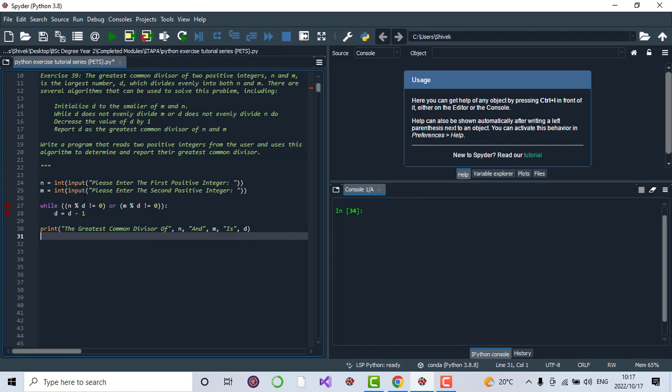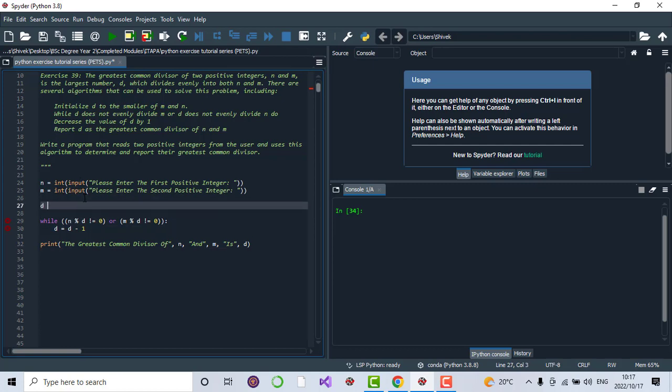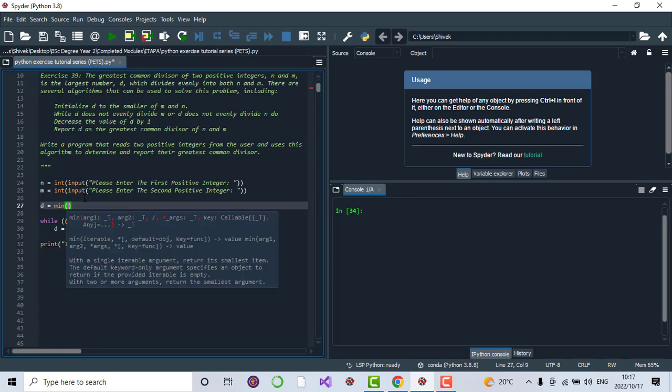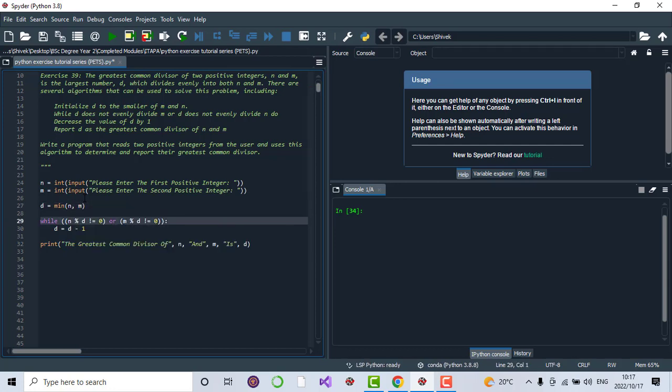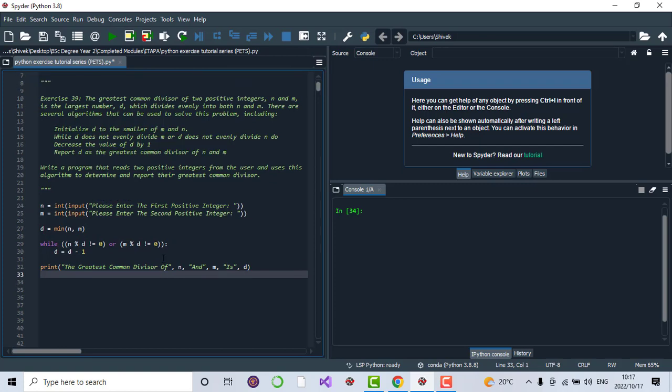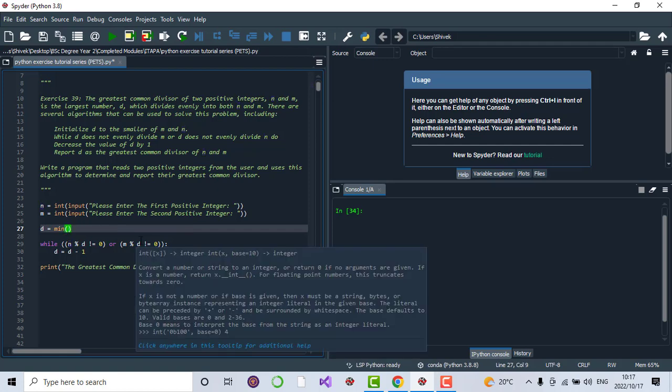Oh, okay, guys. So d equals min of n and m. I actually forgot that line. That's an important one because it's the initialization of d to the smaller value of m and n. Within the min function in Python, we are passing in our two values.